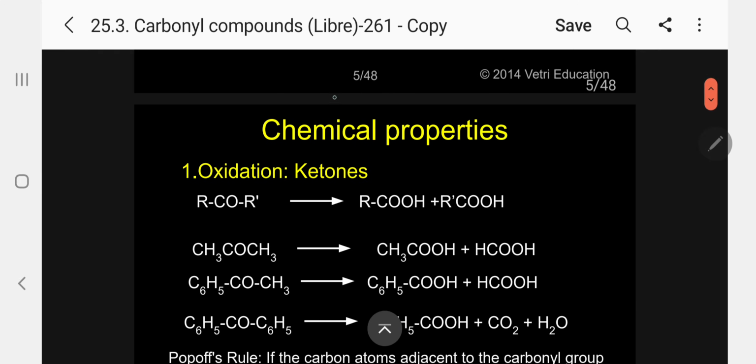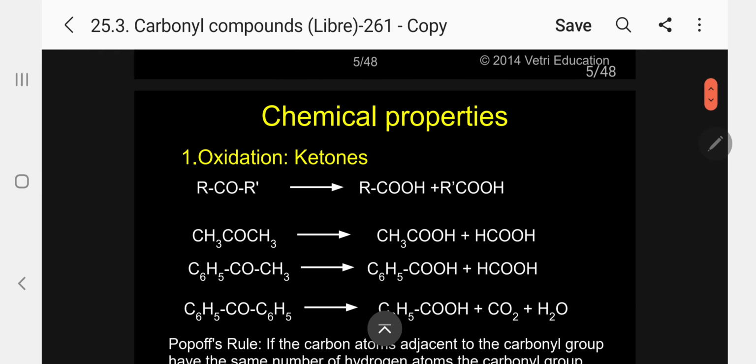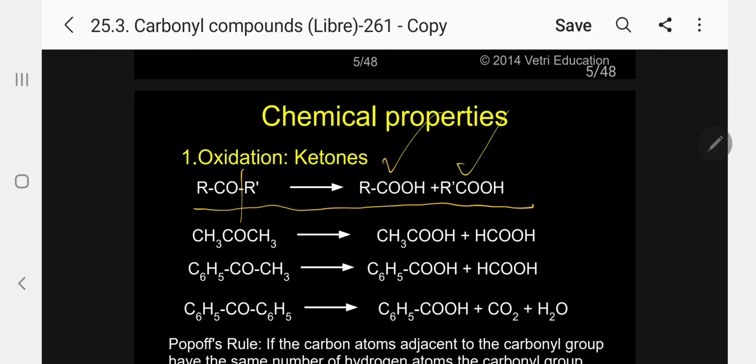Now, coming to ketone, I told you the number will be less than in the original ketone. This is the general formula for ketone oxidation. What is happening now? The bond breaks here, and correspondingly this acid and this acid form, a mixture of two acids. So always a lesser number.